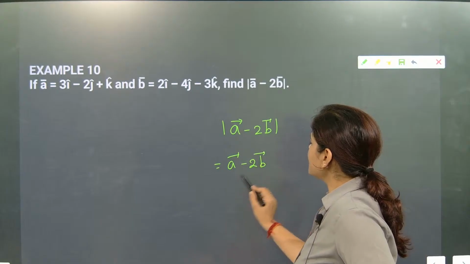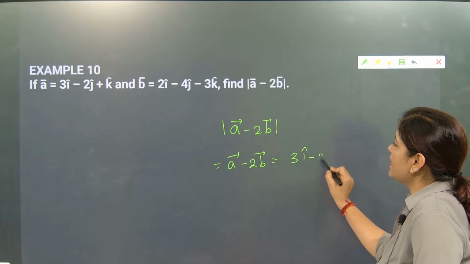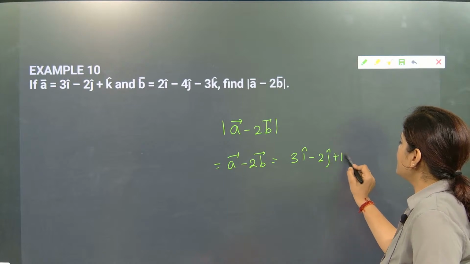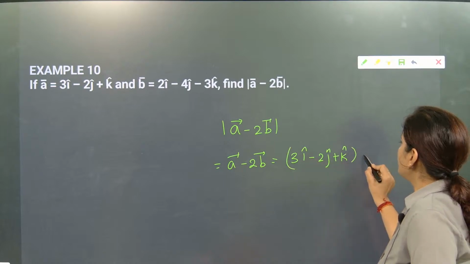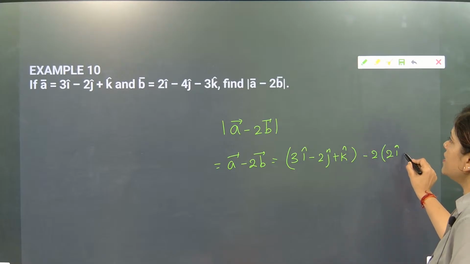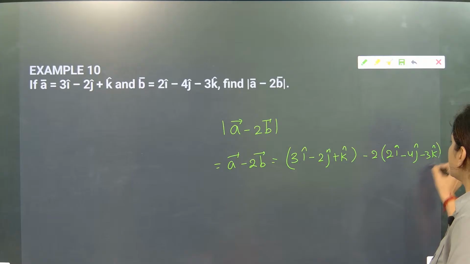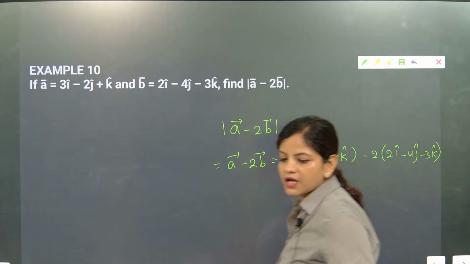Okay. So here A vector is 3i cap minus 2j cap plus k cap. This is minus 2 into B vector. What is B vector? 2i minus 4j minus 3k cap. Once you have written till here, check this one out.